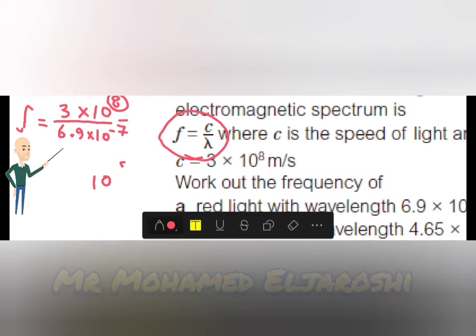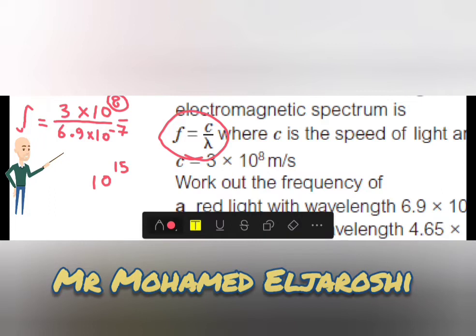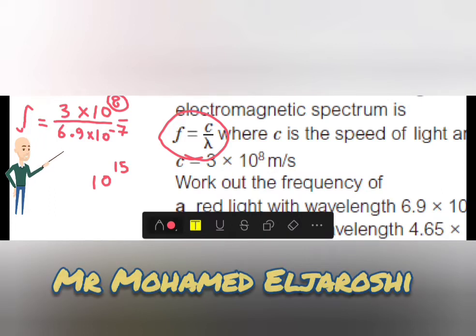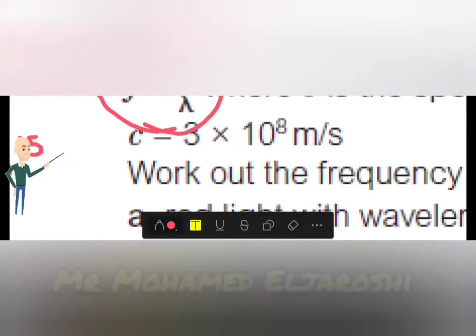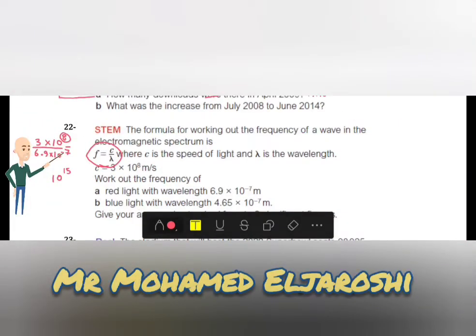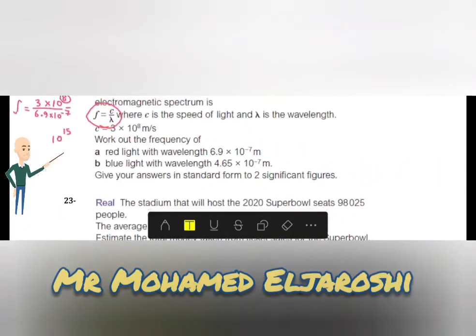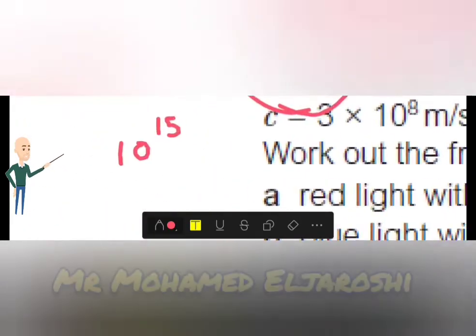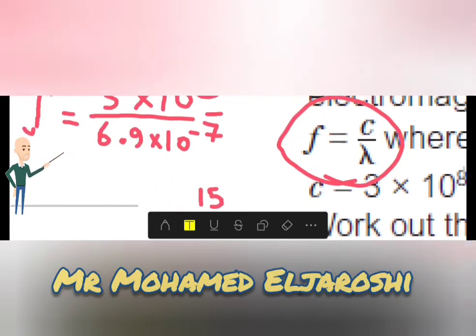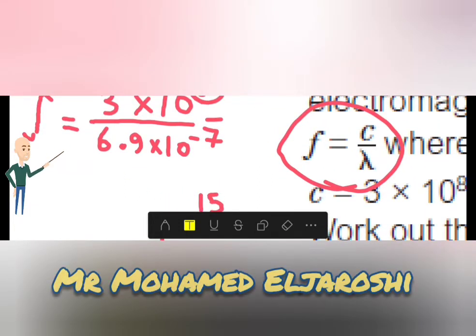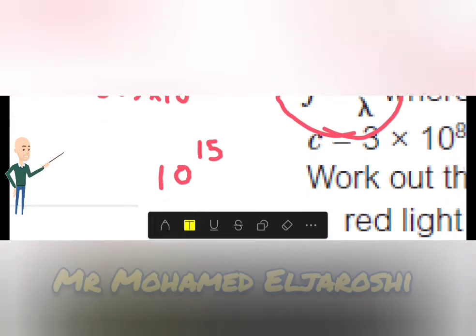Very good. And then we have as we said, we need 3 significant figures. The question here, wait. Yes, it has to be 2 significant figures, so 2 numbers. So from the answer that we got here, from 3 divided by 6.9, we will write 2 significant figures. So 2 significant figures means what?